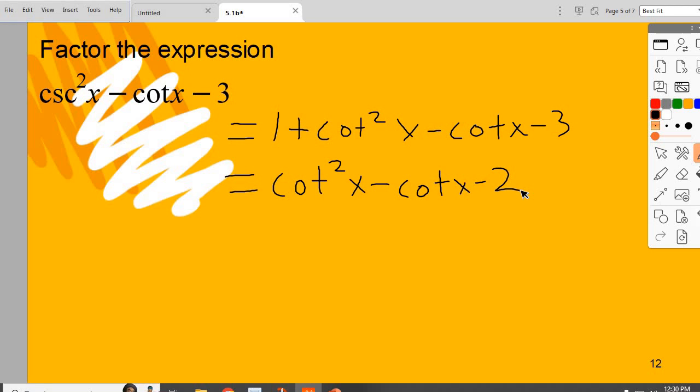So now again, if it's helpful, we can come over to the side and we can think about if I had b squared minus b minus 2. So I don't have to use like my full AC method this time because our leading coefficient is 1. So we can just kind of think what 2 things multiply together to give us negative 2 that add together to give us negative 1.